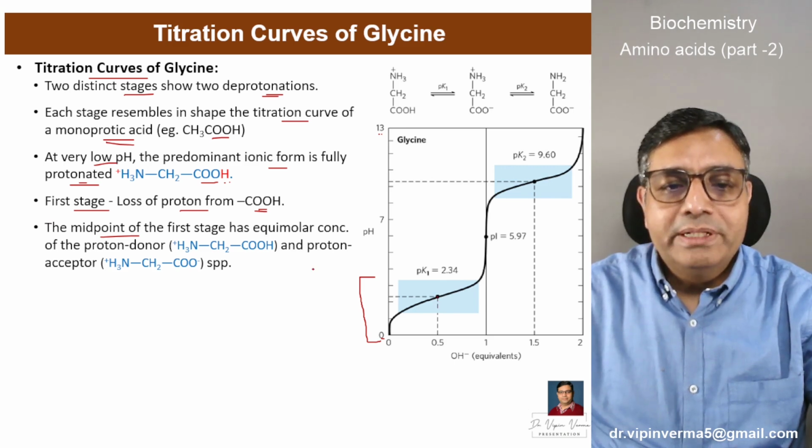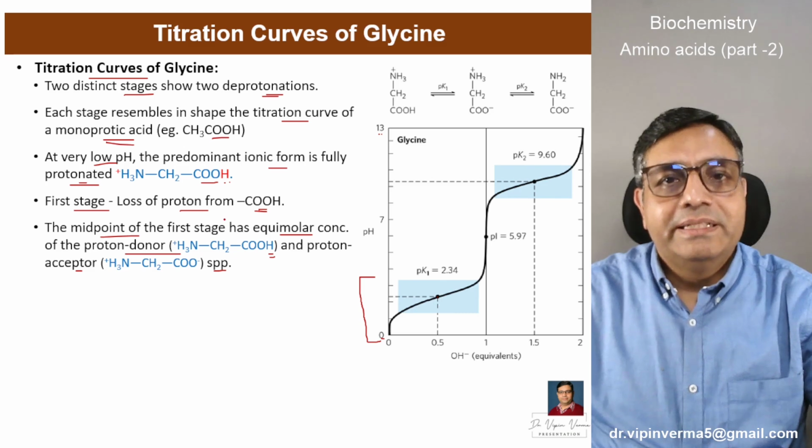At this stage, it has equimolar concentrations of the proton donor, which is the fully protonated form with NH3 and COOH, and the proton acceptor, where you will have the species that has lost the proton.